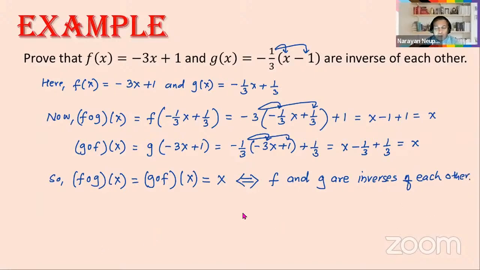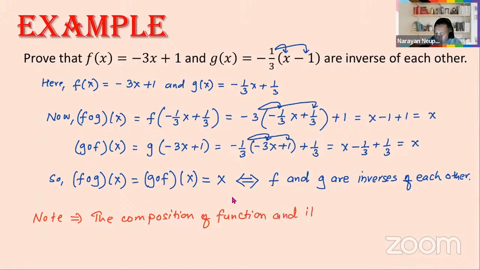So yes, we proved that the functions f and g are inverses of each other because we saw that their composition is an identity function. An important note for you: the composition of a function and its inverse is an identity function.